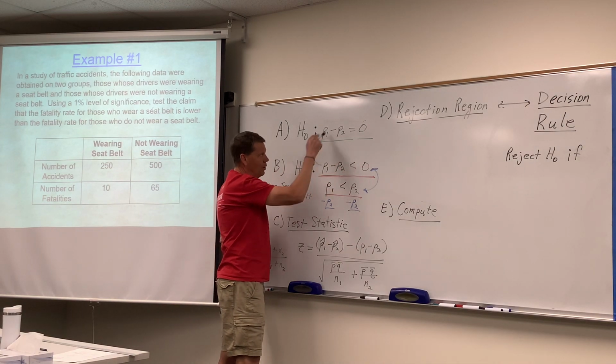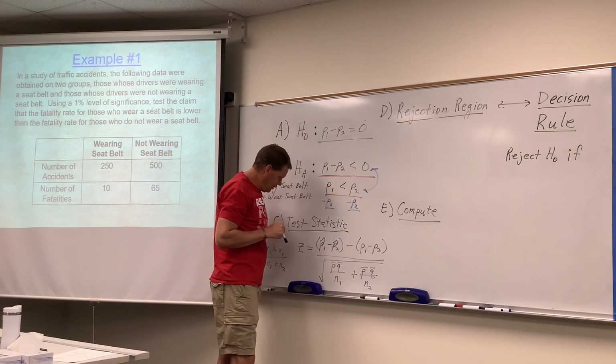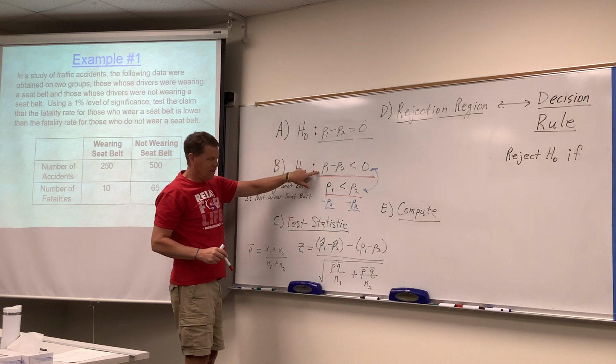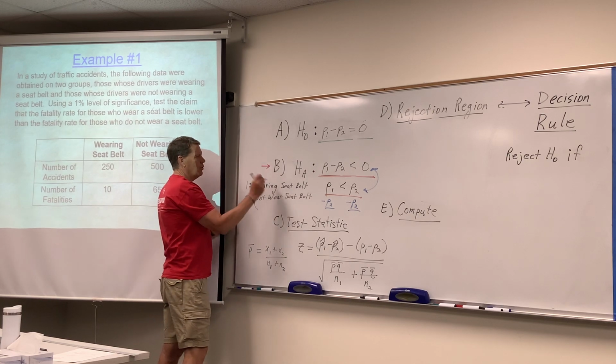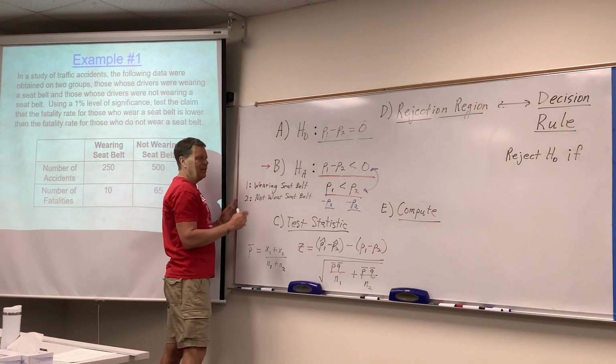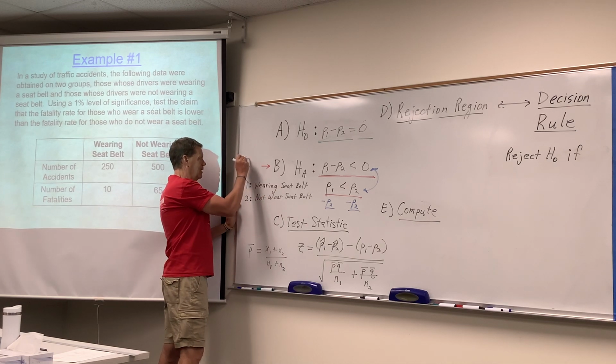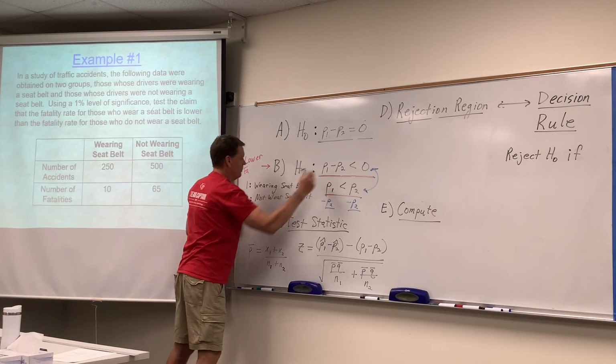As always, we give the null hypothesis the benefit of the doubt, and then we see if there's enough evidence to reject that in favor of this. And I would again point out that the alternative in this case is that wearing a seatbelt will lower your risk of fatality. So lower fatality rate, less than.